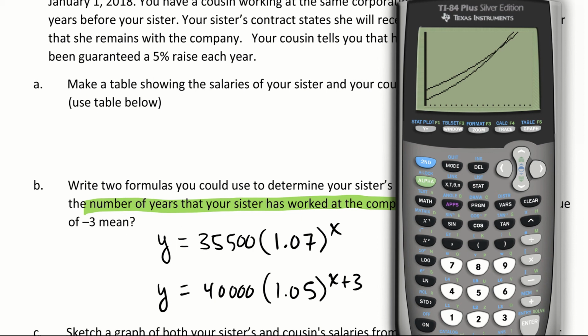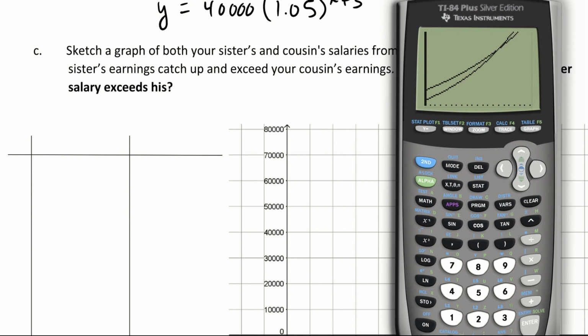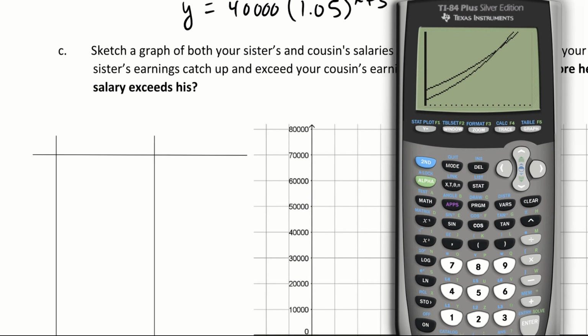Well, before we answer that question, let's take a look at filling in the values for our table. So this table, we were supposed to come up with the first 5 values. So I'm going to say X is, of course, the number of years that the sister has been working at the company. And she's been working for 0, 1, 2, 3, 4, 5 years.